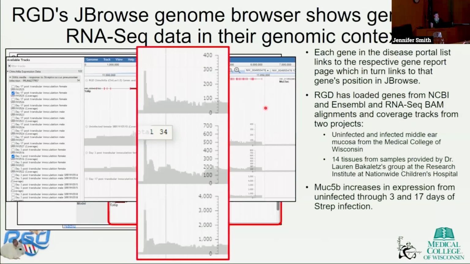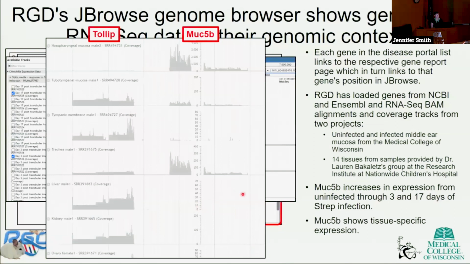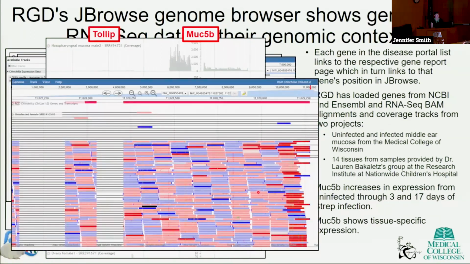The first set shows that mucin 5B increases in expression from uninfected through days 3 and 17 of strep infection. The second set shows tissue-specific expression for mucin 5B, as shown here. And this display shows the BAM alignments for 2 exons of mucin 5B from one of the uninfected middle ear mucosa samples.